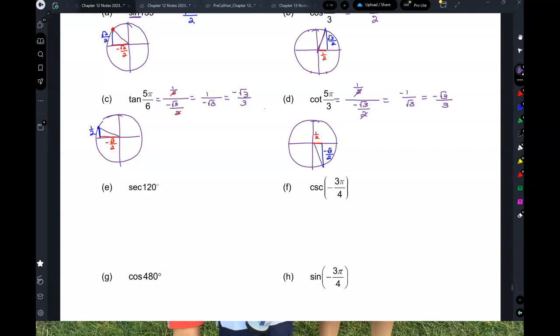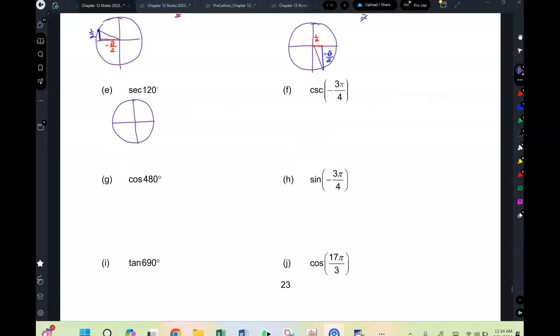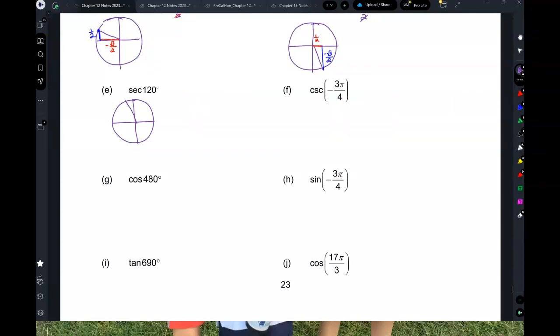Okay, next, go ahead and draw that 120 degree. Okay, so 120 is in the second quadrant, but now that's the 60 degree angle. So to get to that point, is the horizontal the shorter or the longer distance? Shorter distance of negative a half. Secant is like cosine.